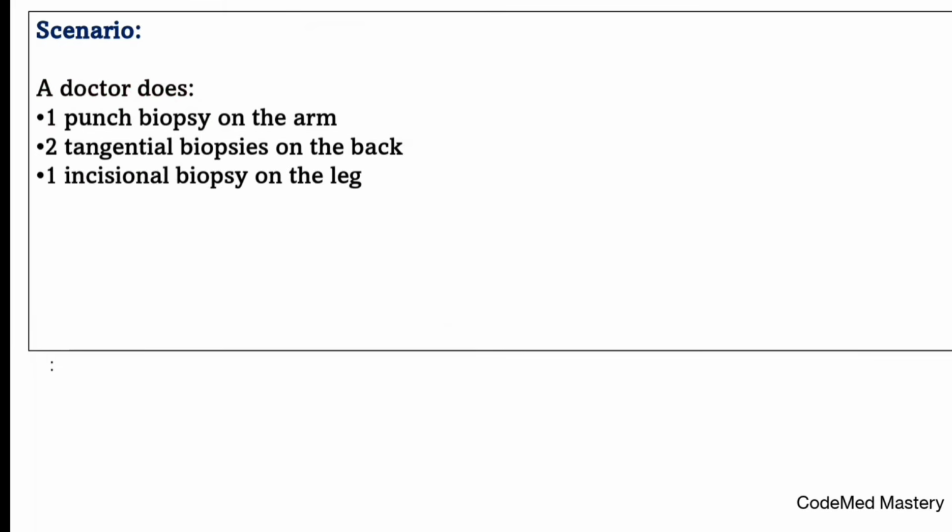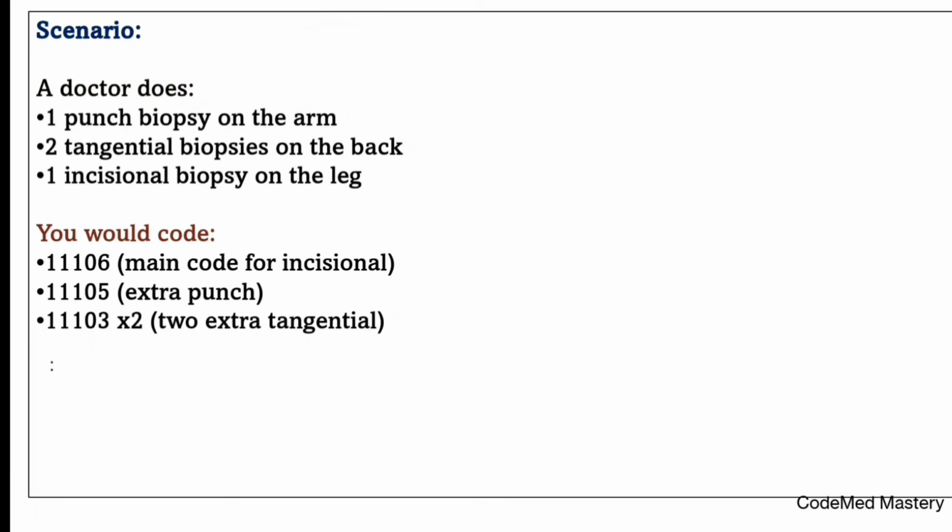Let us look at a scenario. For example, a doctor does 1 punch biopsy on the arm, 2 tangential biopsies on the back, and 1 incisional biopsy on the leg. Here, which is the more complicated one? Incisional biopsy, right?